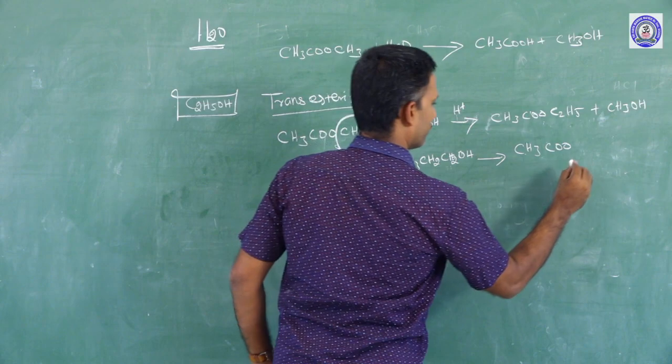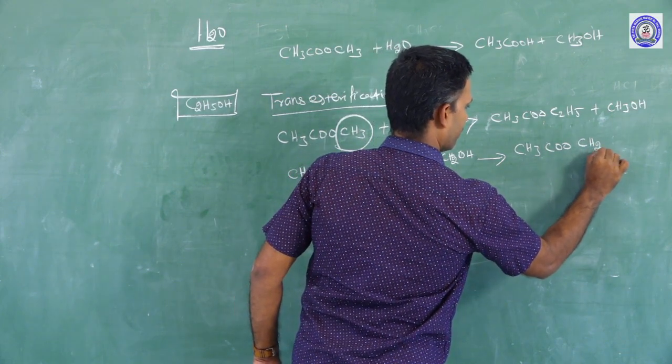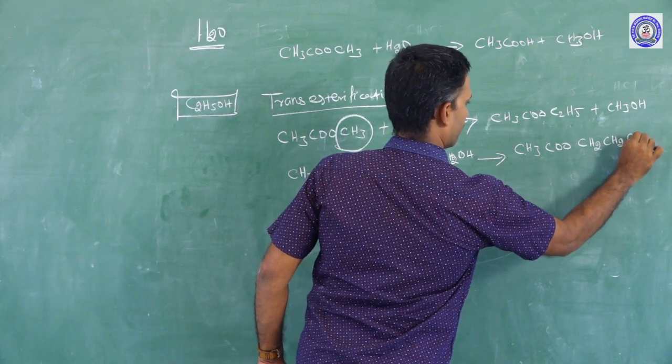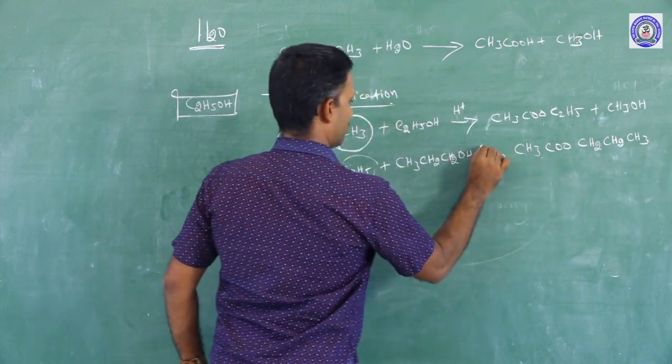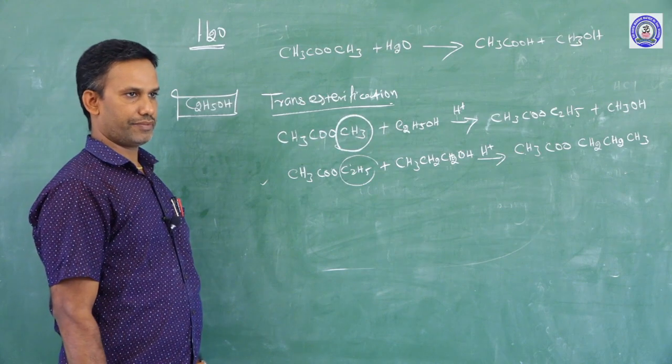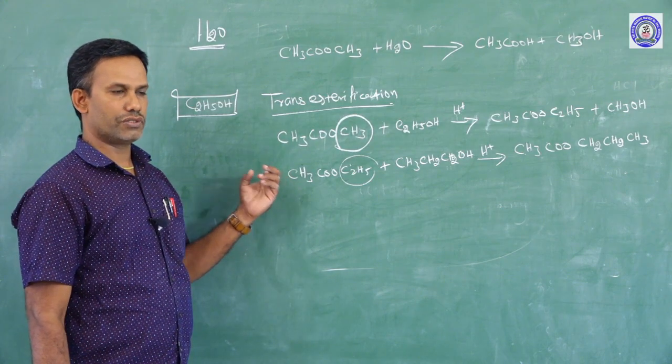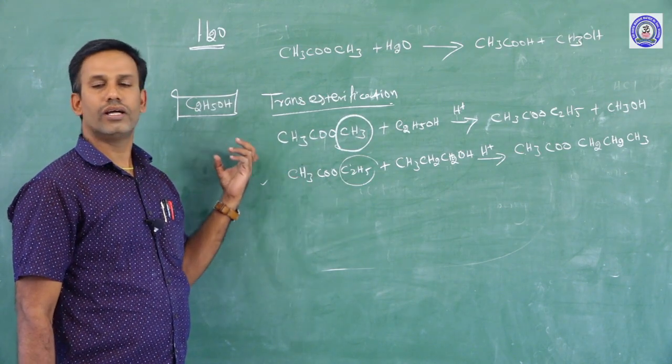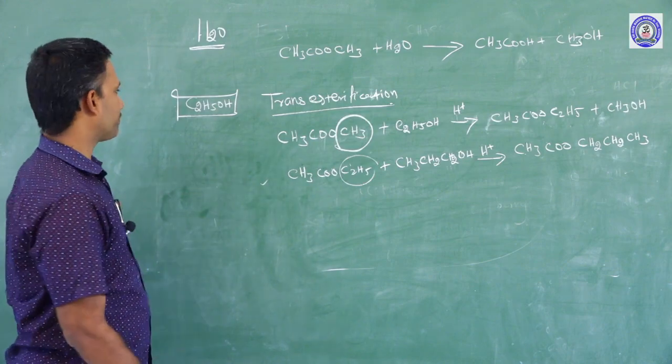Ethyl acetate becomes butyl acetate. This is called trans-esterification. Very, very important process. This is a method used for preparation of higher ester from the lower ester.